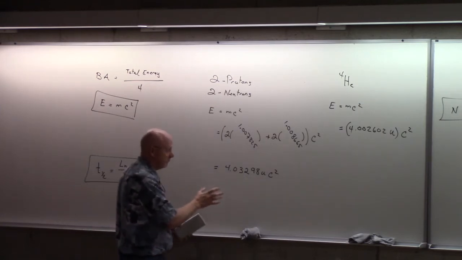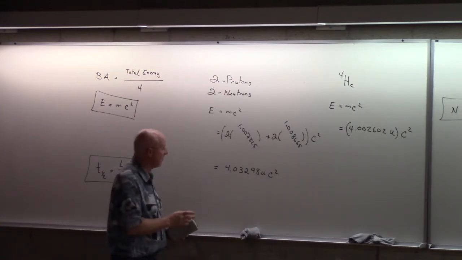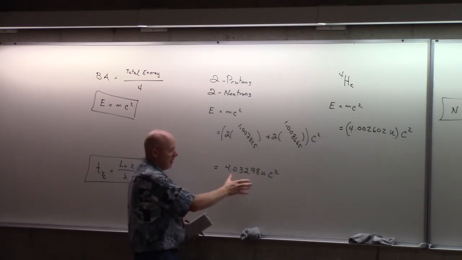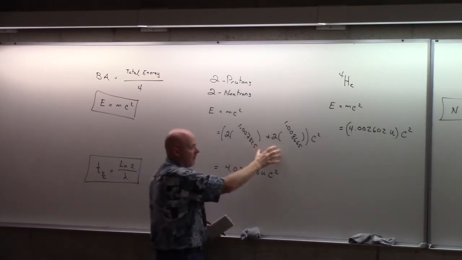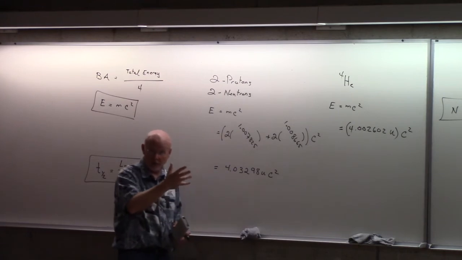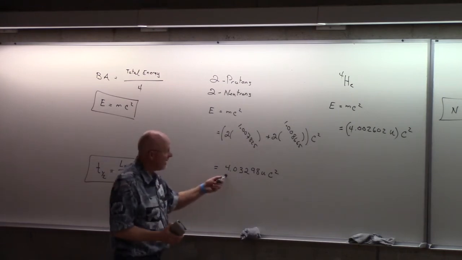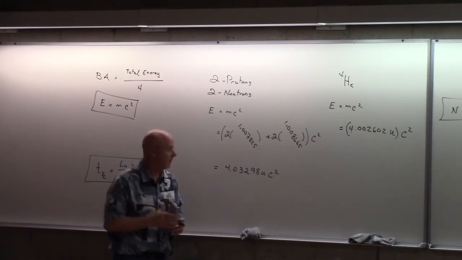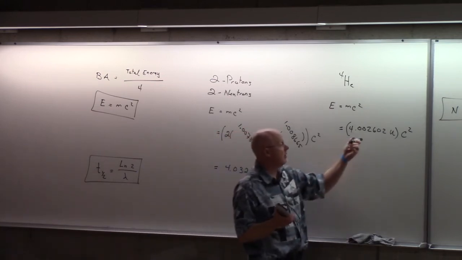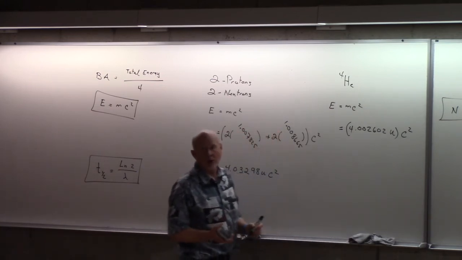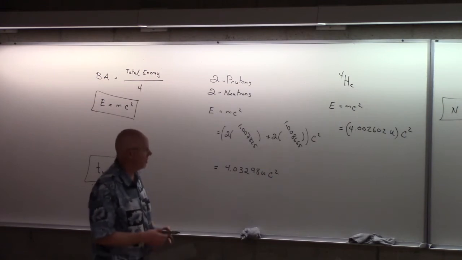And again, this is the point of this example here, is see how if you were to weigh the 4 objects independently before you put them together, you get a mass, an energy, that is greater than when all 4 of them are put together.